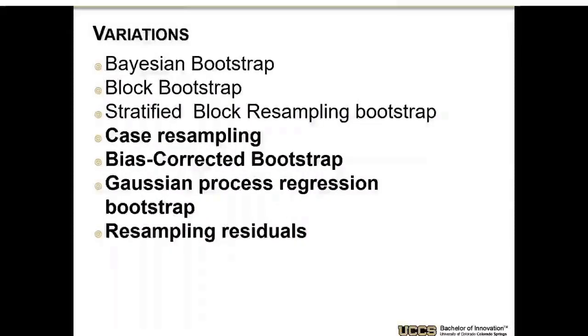This stratified block resampling is a common technique used in polling or other survey type instruments, where I might say, I measured my data and I have 36% Republicans, 60-some% Democrats, and 4% independents, because I sampled biasedly.